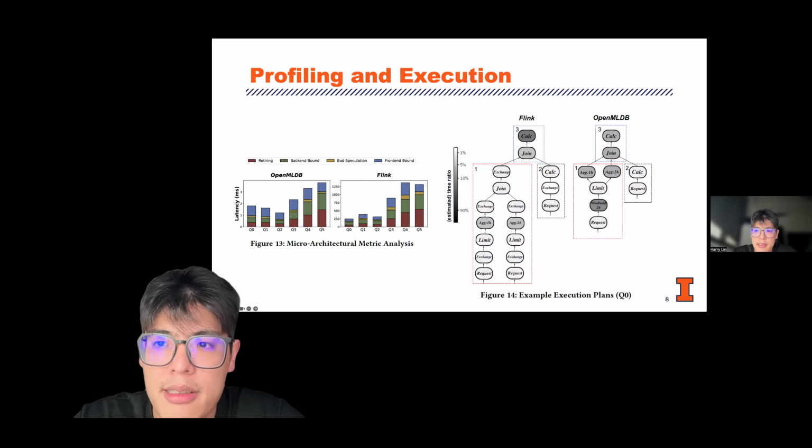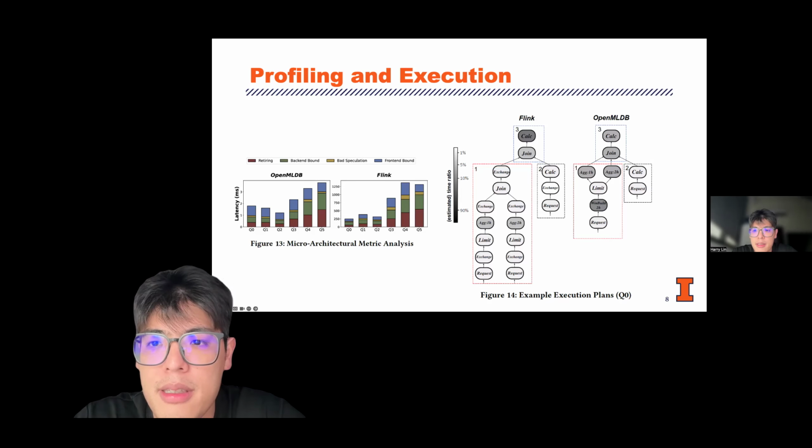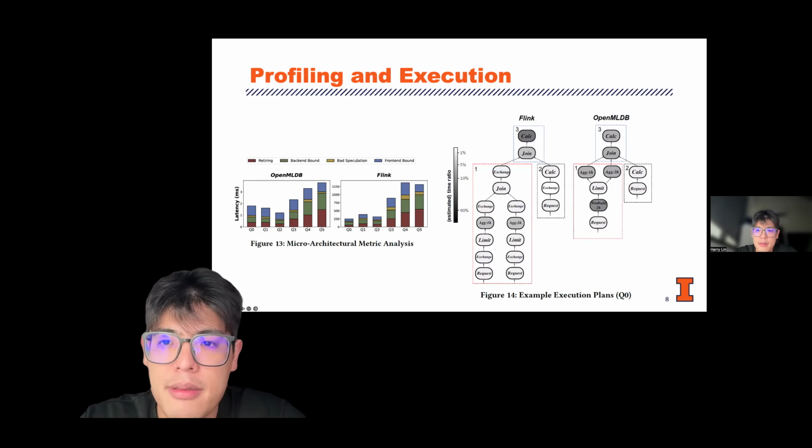For a simple task, the bottleneck is front-end bound, meaning the CPU is busy just organizing and decoding instructions. However, for complex AI queries, Q3 to Q5, it becomes back-end bound, which means the CPU is stuck waiting for data to arrive from memory. This is often caused by cache misses.